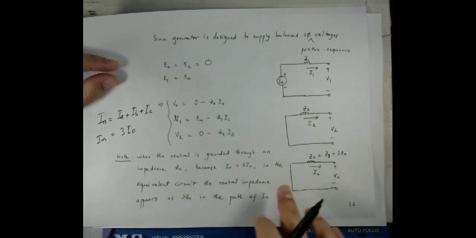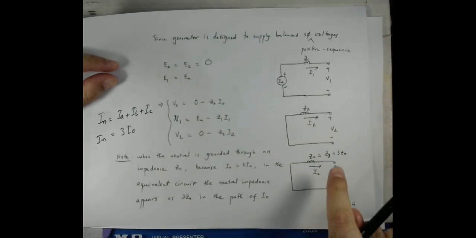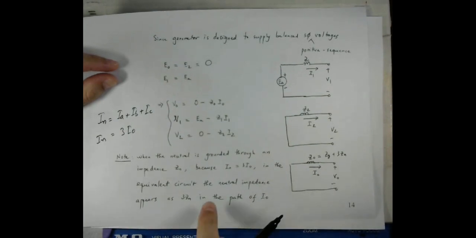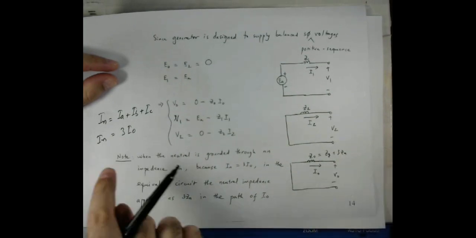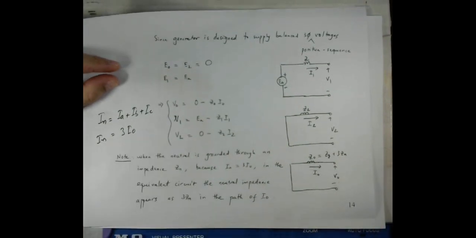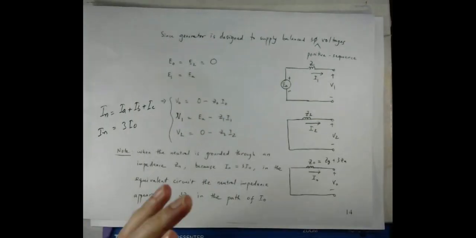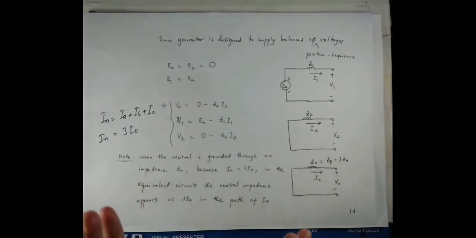In the equivalent circuit, the neutral impedance appears as Zn in the path of In, but in the path of I naught, 3Zn will appear, because In is equal to 3 I naught. We discussed this point even before. So once again, if one looks here, in the positive and negative sequence networks, Zn does not appear.